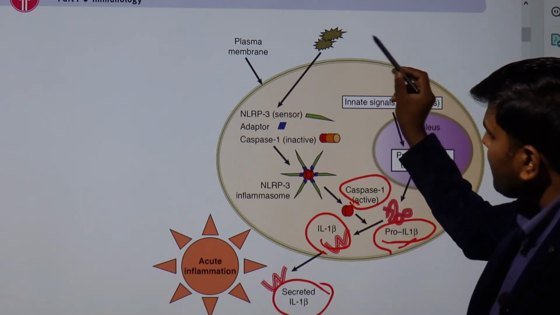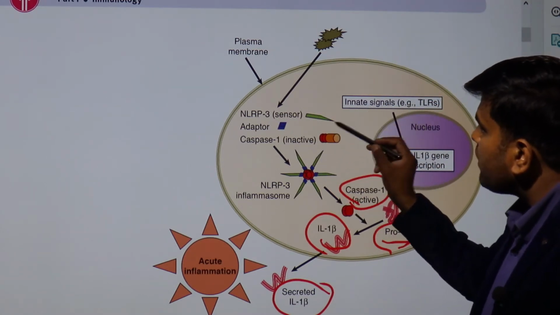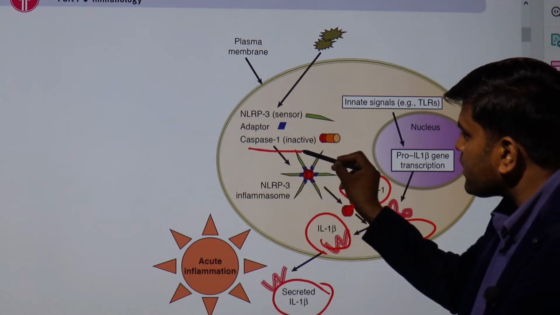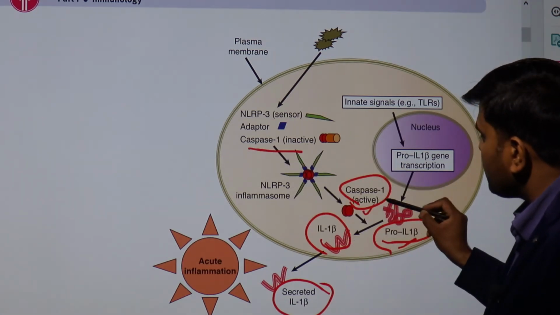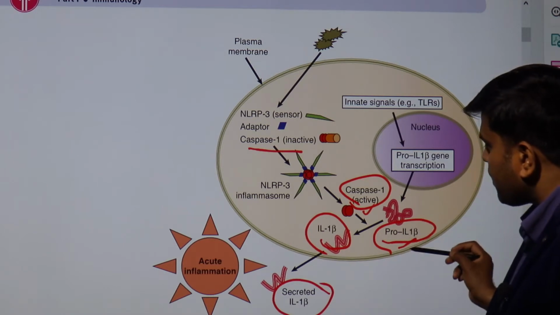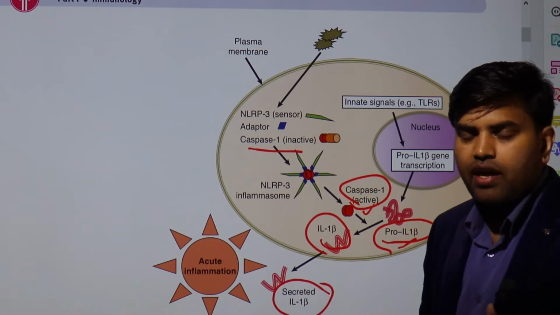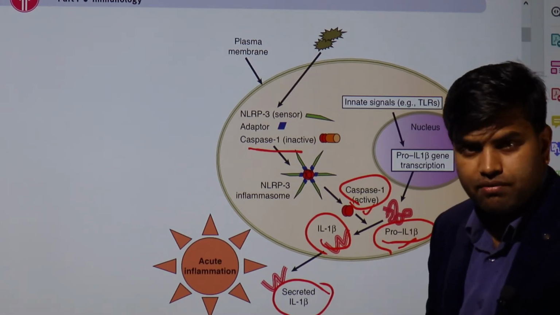When the stressor or pathogen is detected by the NLRP3 sensor, it will activate the inactive caspase 1 to become active, which will then convert the pro-interleukin 1 beta into interleukin 1 beta, and then that will be released outside and play the role that will cause the inflammation.